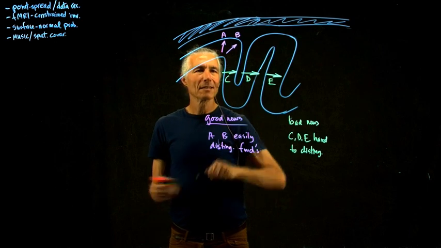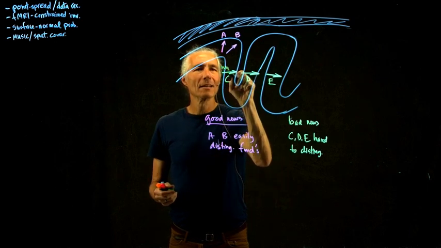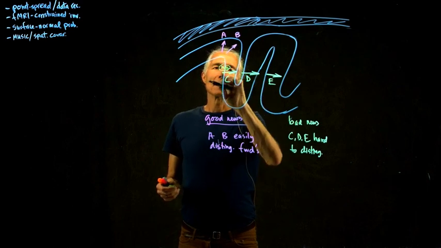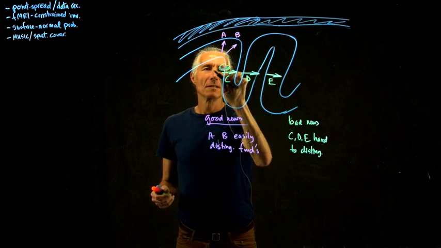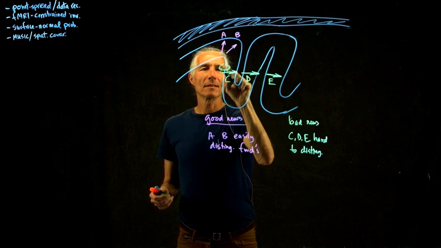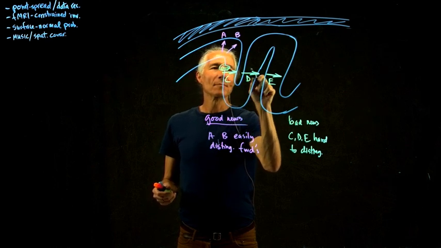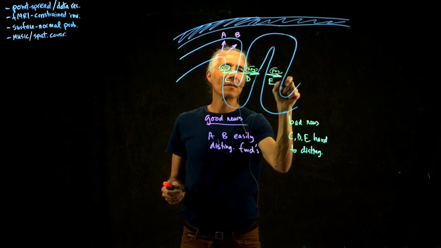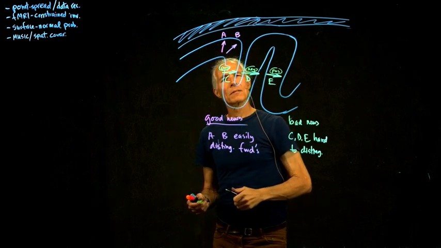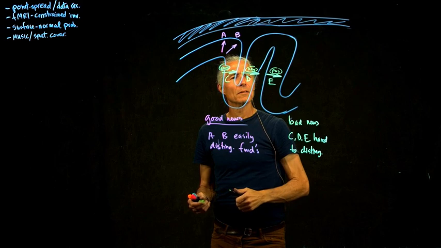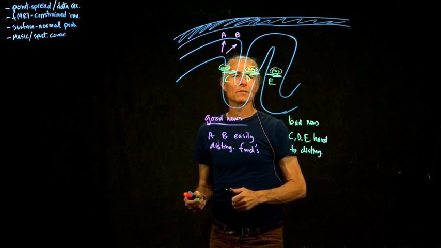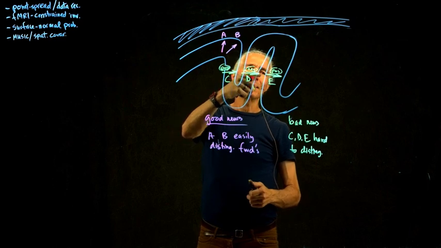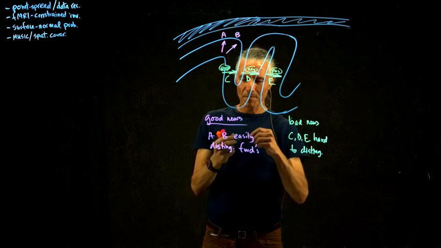So this one is negative. This one is positive, so that's coming out. That one's a positive dipole, but this one's a negative dipole, and this one's a positive dipole. So this one's coming out. This one's going in. Coming out.